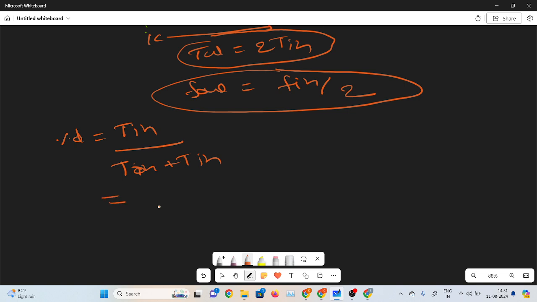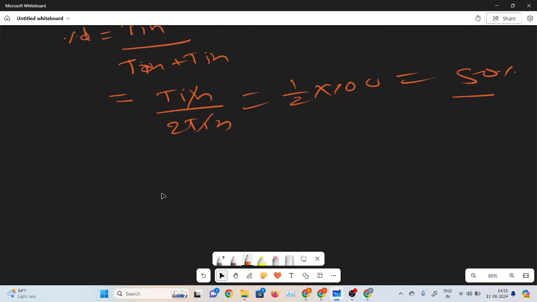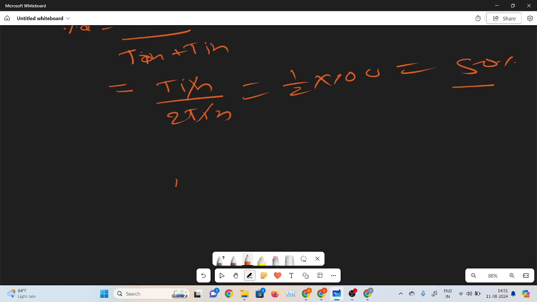So T in divided by 2 T in, T in cancels, that is 1 by 2. 1 by 2 multiplied by 100 is the 50% duty cycle. So here I designed the f by 2 circuit with 50% duty cycle. The circuit is the mode 2 counter.